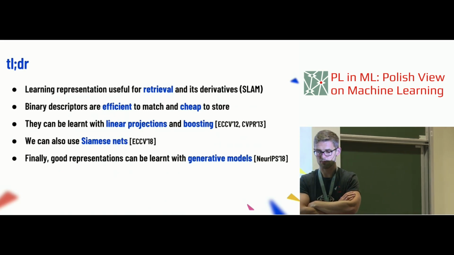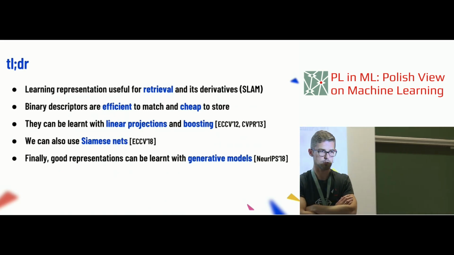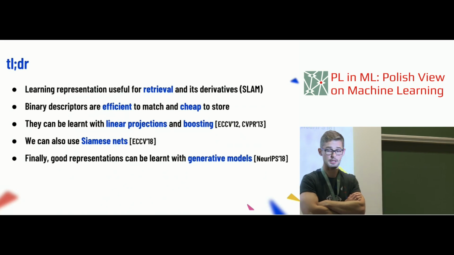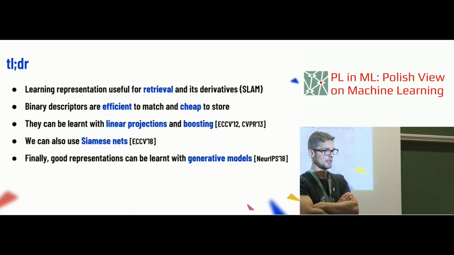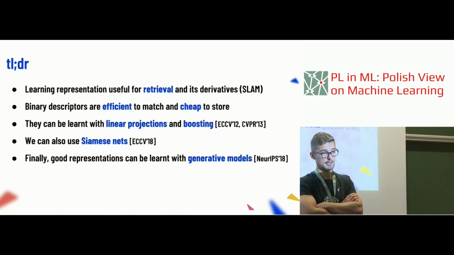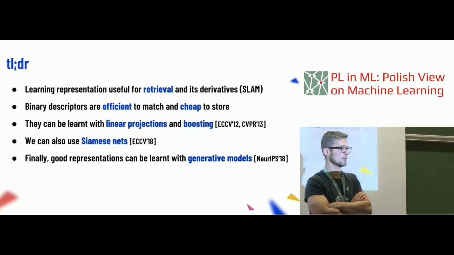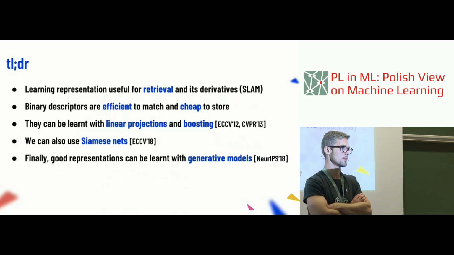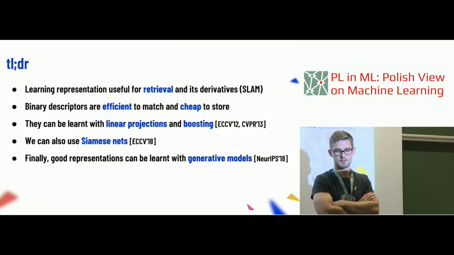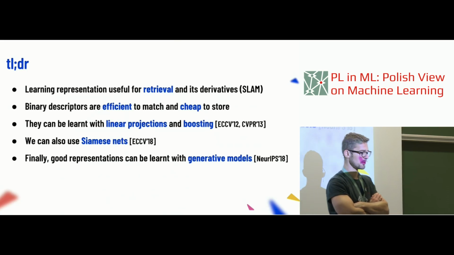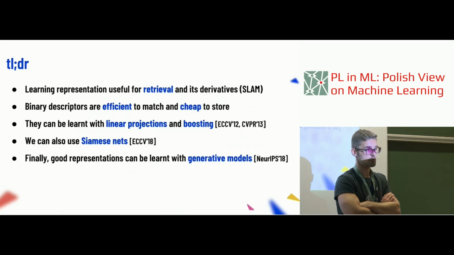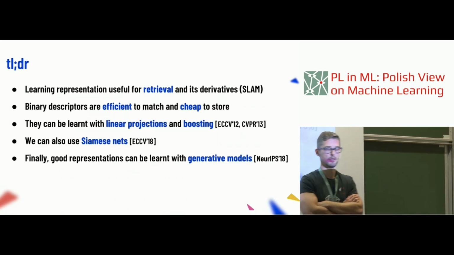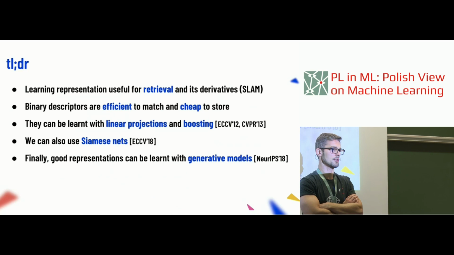We went through a bunch of binary descriptors, because they are fairly efficient to match and cheap to store. They can be learned with non-neural-network-based methods, such as linear methods with approximations and boosting. We can also use Siamese nets, or, and this is a little bit undersold by Maciej, unsupervised methods for learning using GANs.